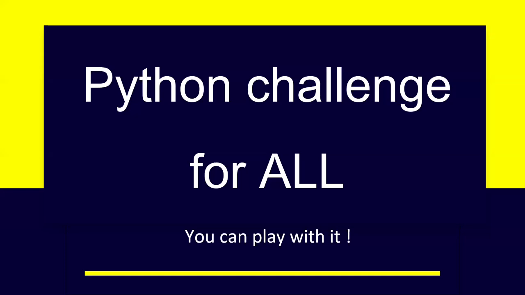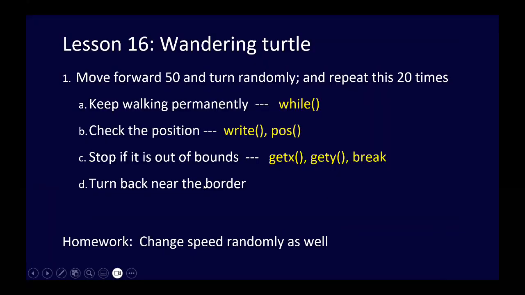Okay, let's see where we were last time. Wandering turtle. We let the turtle go randomly around and then try to keep him or her within the range of the canvas as much as we can.